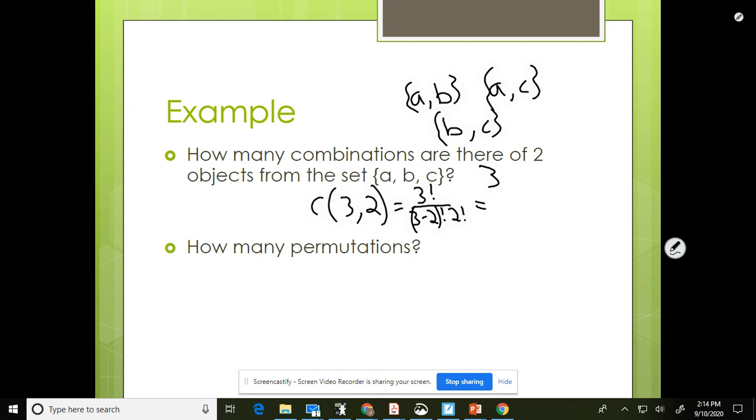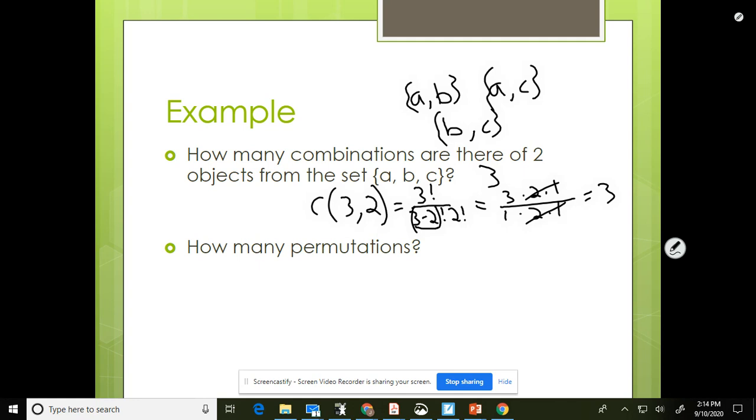If we do that, 3 factorial is 3 times 2 times 1. 3 minus 2 factorial is 1 factorial, which is just 1. Then times 2 factorial. And then notice the 2 times 1's cancel. Yeah, 3.